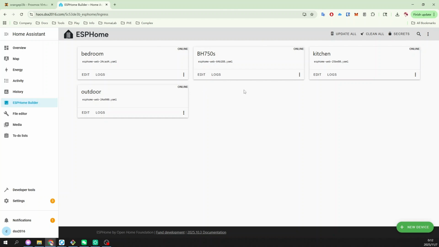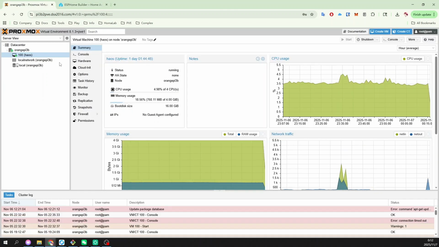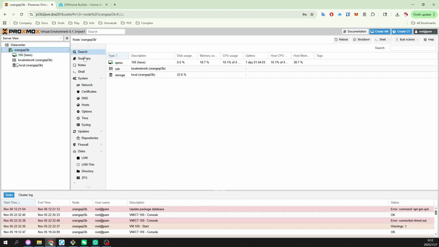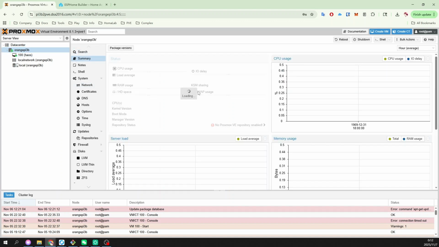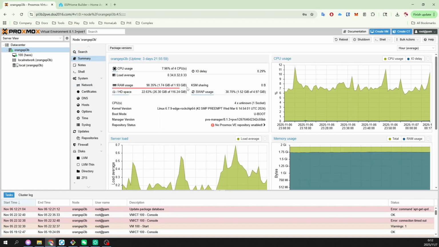Here's what I have to say. It was slow when I just operated it. It's because of my Raspberry Pi 3B. It only has 2 GB of real memory.